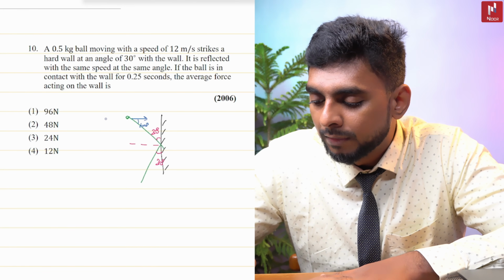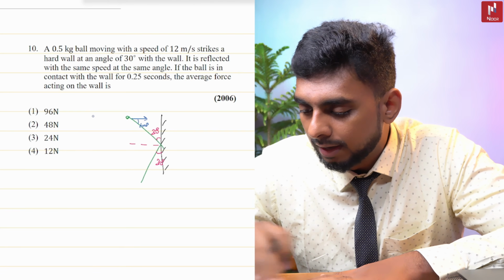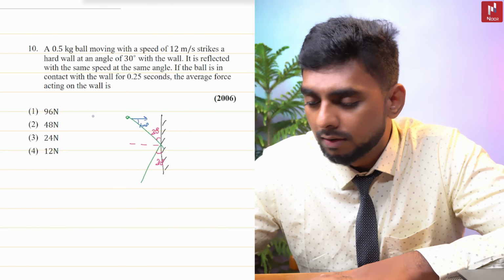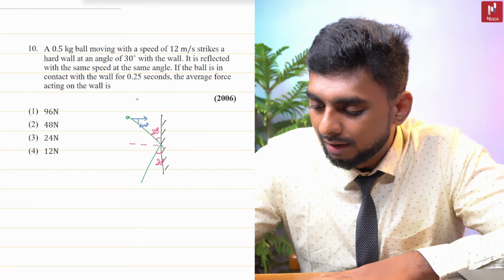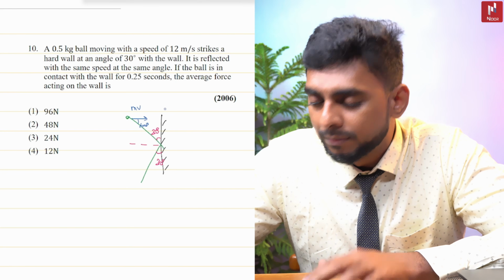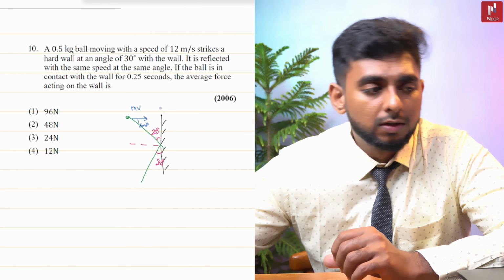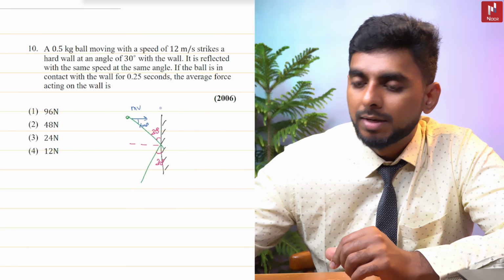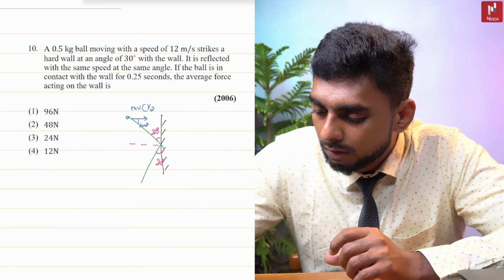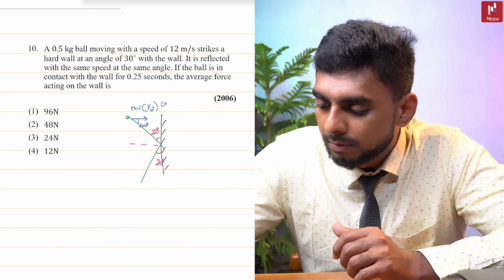So here, the initial momentum along the x will be mass times the velocity, and that component will be the cosine component, right? Cosine 60 degrees will be 1 by 2, therefore mv by 2. This will be directed towards plus i cap.